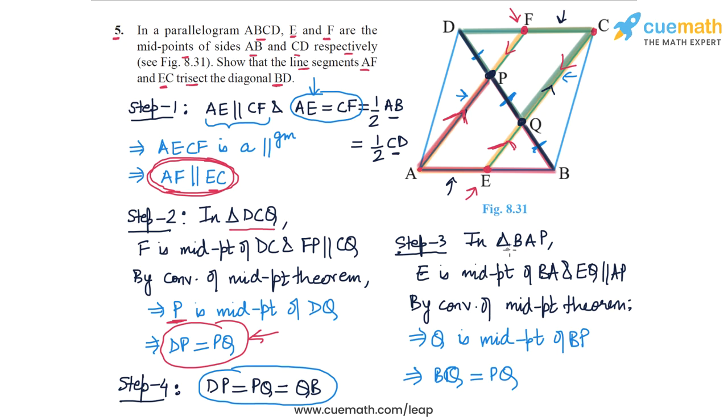And in step 3, we applied the converse of the midpoint theorem to triangle BAP and we proved that Q is the midpoint of BP. So PQ and QB are equal. In step 2, we proved that DP and PQ are equal. In step 3, we proved that PQ and QB are equal. So that means that all 3 of them are equal. So the diagonal BD is trisected. So this completes question number 5.